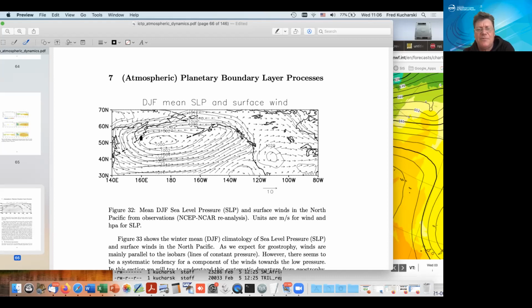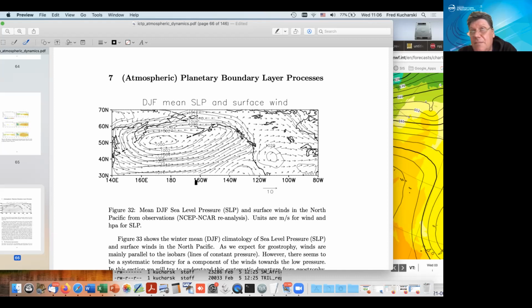There can be other processes that make the cyclones and anticyclones do this if they are developing quickly, for example. But these boundary layer processes are very important contributions in the lower atmosphere. We have also discussed this when we discussed the trade winds.